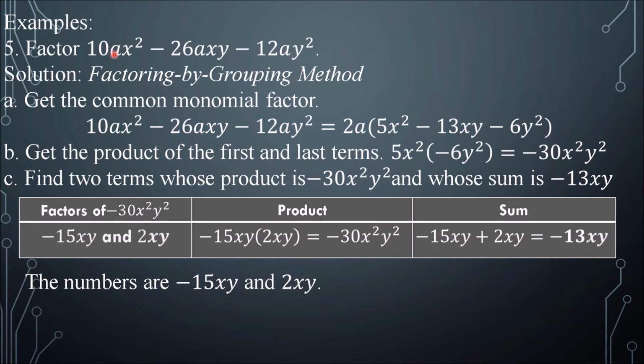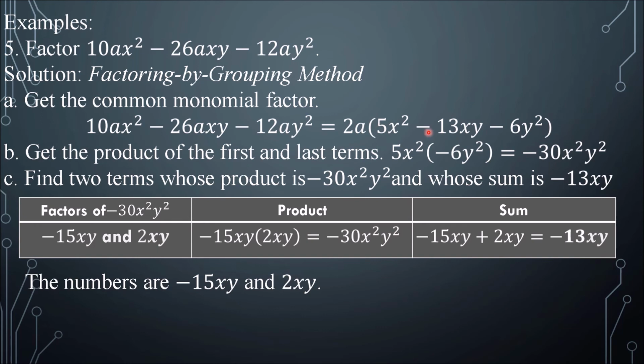Therefore, the common monomial factor among those terms is 2a. Now, extracting 2a, we have 10ax squared divided by 2a, 5x squared. Negative 26axy divided by 2a, we have negative 13xy. Negative 12ay squared divided by 2a is negative 6y squared.